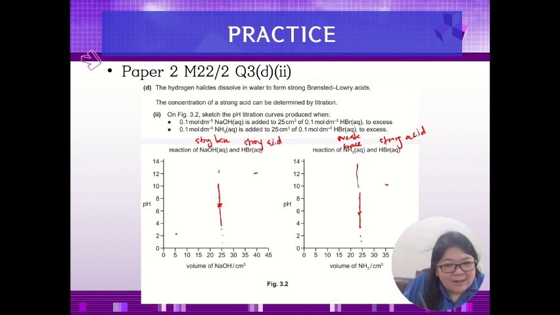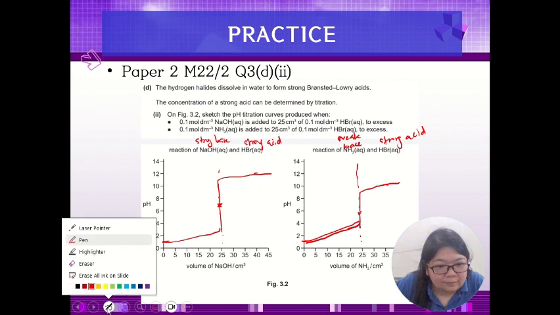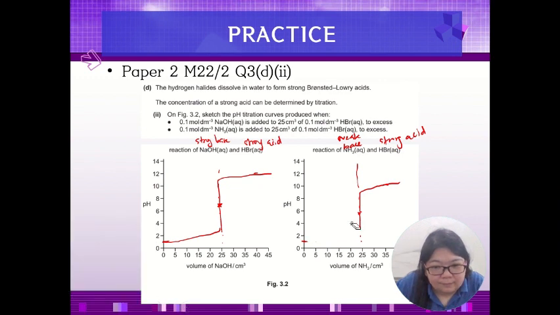Start with strong acid for both. Start with 1. I can accept a little bit more. So go up and go up. Weak base, we'll go up slightly more curvy compared to that one. Then go up.